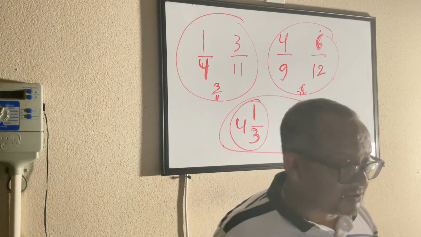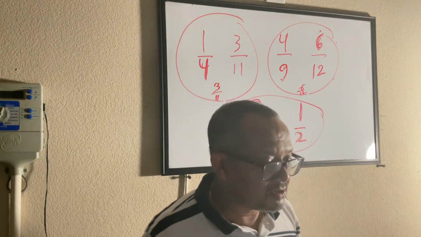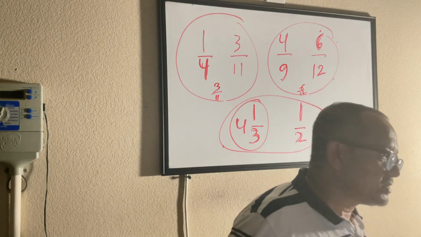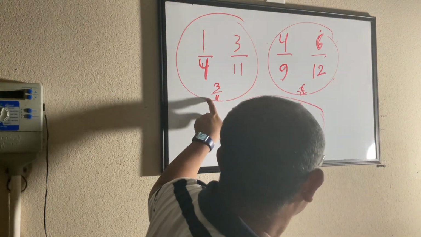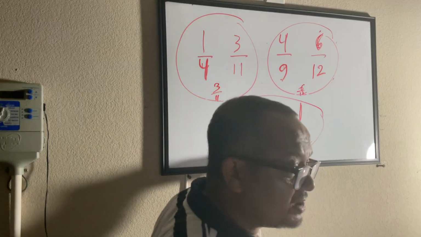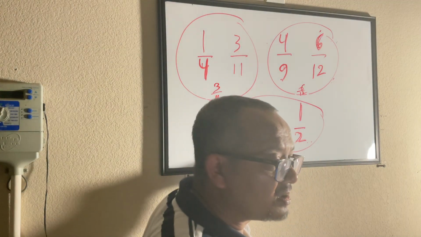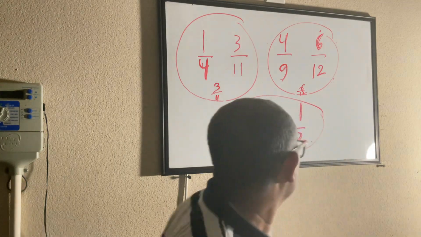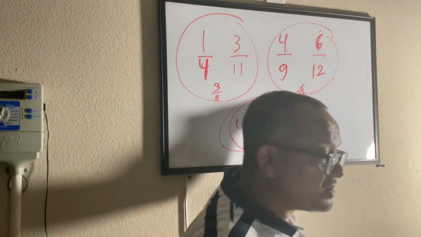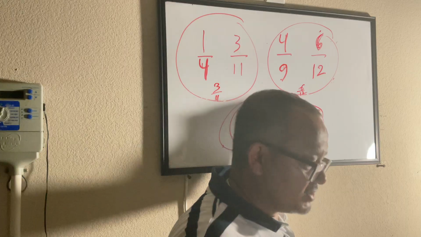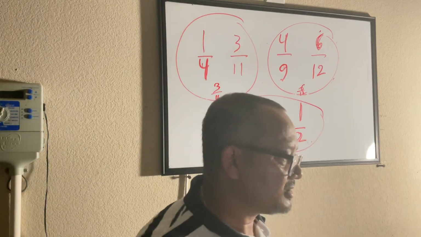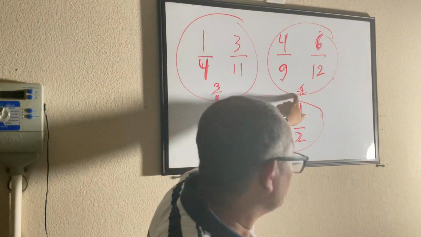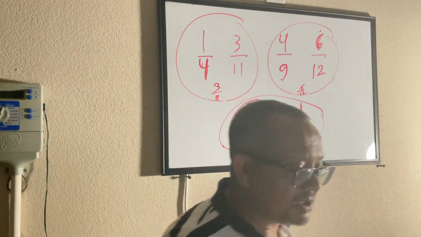Okay. Praneeth, was that your answer too? Yeah, Raj, tell me. Same answers. This one and this one are bigger. Yeah, I all got the same answer. How about you? 3 11 is bigger. How about this one? Yeah, still working on it. Okay.